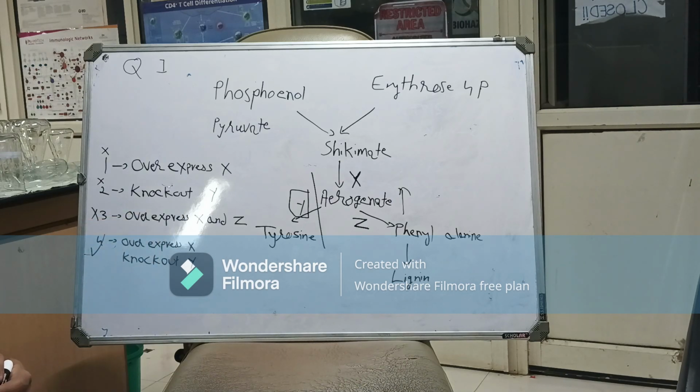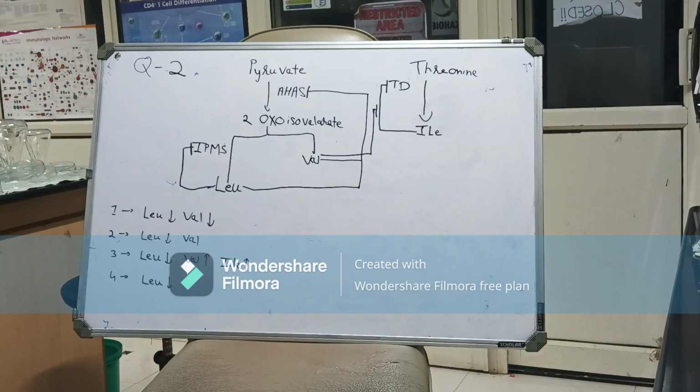Now on to question 2. The second question is about the synthesis of the branched chain amino acids leucine, valine and isoleucine. First I'll give you a quick overview of the process. Pyruvate is converted to 2-oxo-isovalerate by the enzyme AHAS.